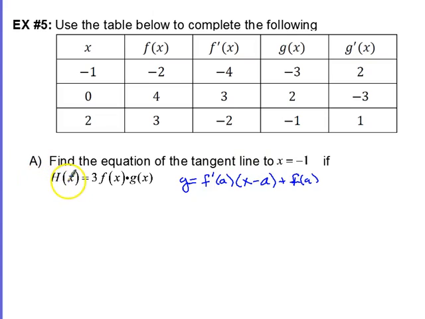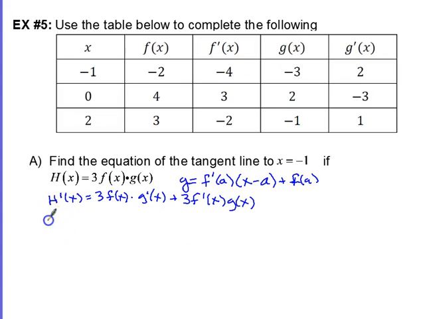So let's find out what h prime of x is. So h prime of x is going to be 3 times f of x times g prime of x, so I'm using my product rule here, plus 3 times f prime of x times g of x.